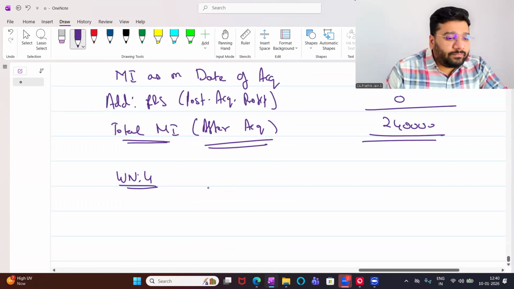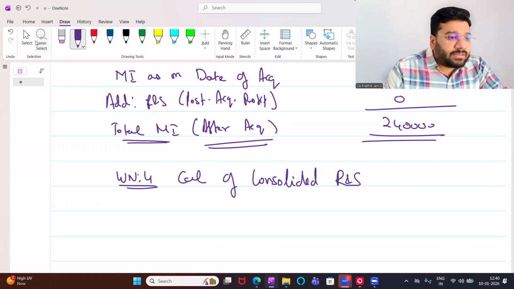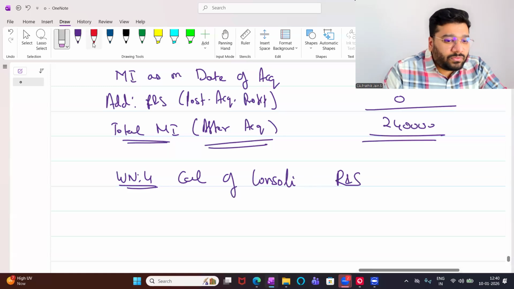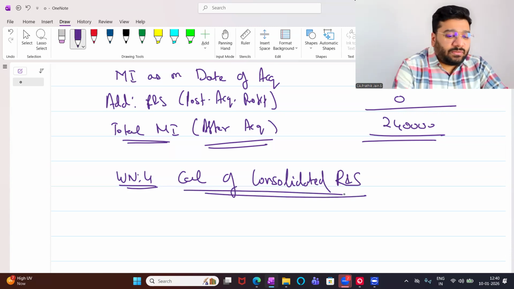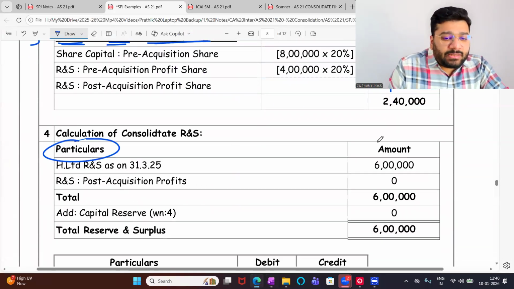Working note number 4: calculation of consolidated reserve and surplus. The format for that: particulars, amount.